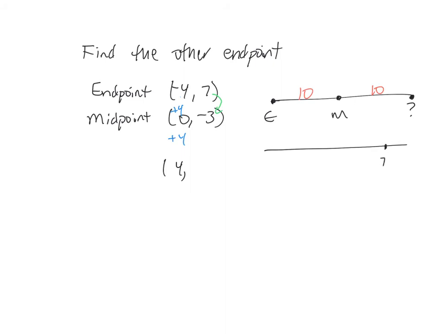If I go from 7 to 0, that changed 7. But I need to go all the way to -3. From 0 to -3 is 3, so it changed 10. But it went down 10, so I subtract 10. And I get -14. And that is the other endpoint.